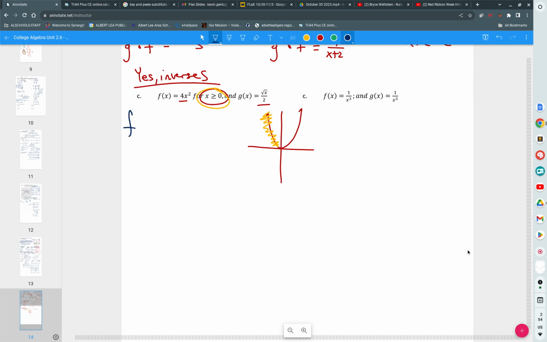So let's compose f of g. The composition is pretty easy. We take g and we drop it in here. And we get 4 times root of x over 2 squared. I get 4 times. What do you get if you square the root of x over 2? x over 2, x over 4. Multiply those, you get x.